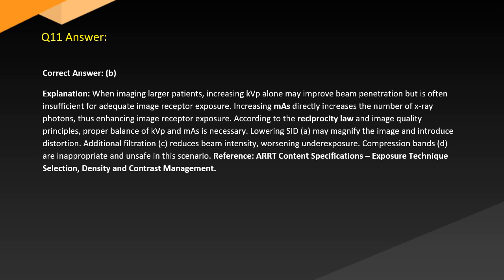Lowering SID (A) may magnify the image and introduce distortion. Additional filtration (C) reduces beam intensity, worsening underexposure. Compression bands (D) are inappropriate and unsafe in this scenario. References: exposure technique selection, density and contrast management.